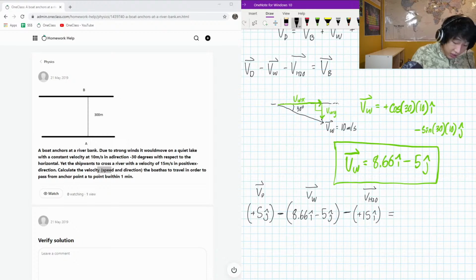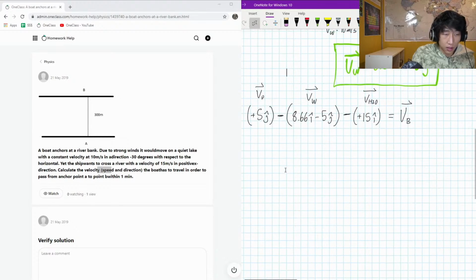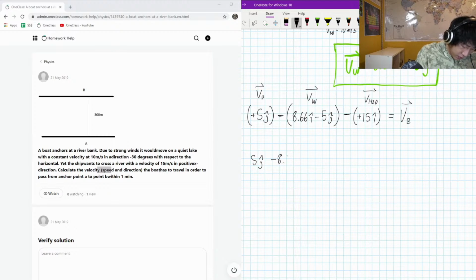And the result of that calculation is going to be the velocity that the boat needs to have. Okay, cool. So let's continue doing the mathematic magic with this. Okay, so to multiply out these negatives, we'll have something like this: 5j minus 8.66i plus 5j minus 15i.